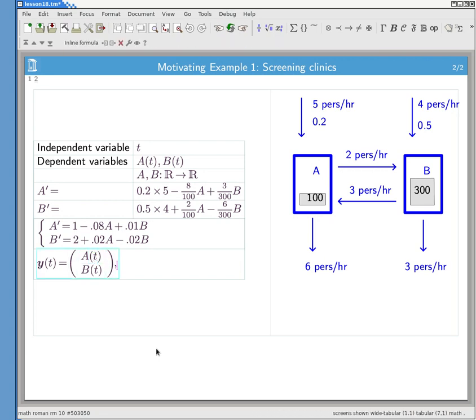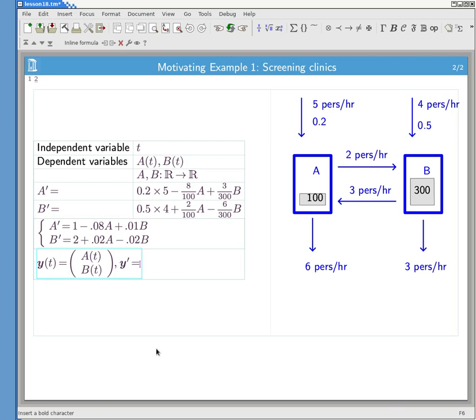And the rate of change of the vector, y prime, is something that can be stated in terms of multiplication by a matrix.